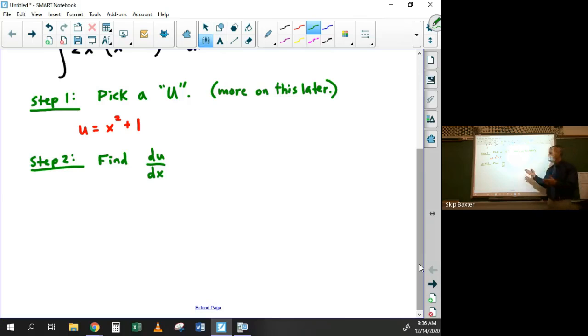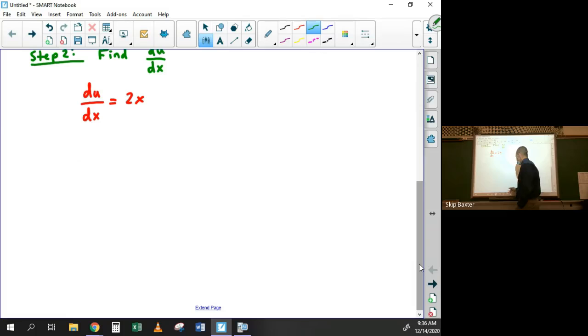That seems weird, but that's the process, okay? So du/dx in this case is 2x, just like normal. That's the derivative of x squared plus 1. It's 2x. Okay, step 3.